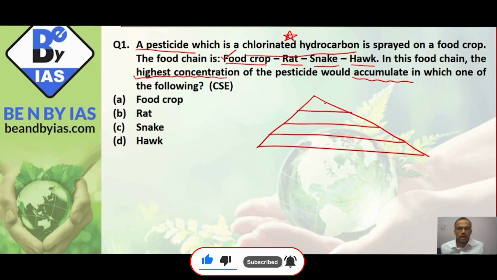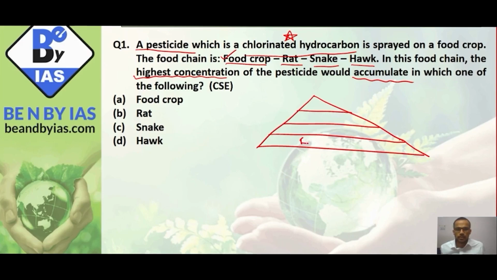As per this particular food chain, at the base of the food chain we have food crop, then there is rat, then snake, and then hawk.